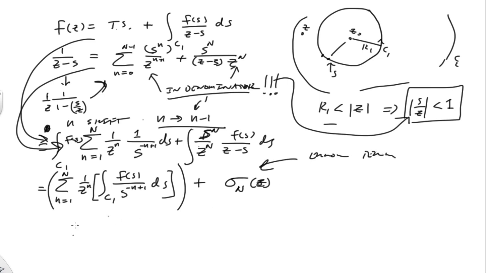So it turns out now, what we can write down here, I'm going to rewrite this. I'm going to call that a set of bn's, okay?